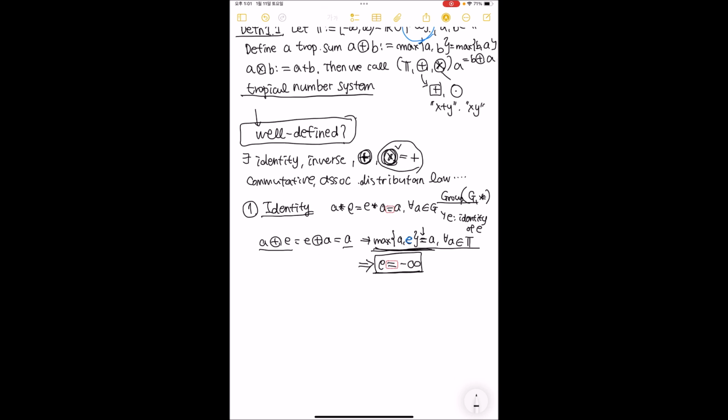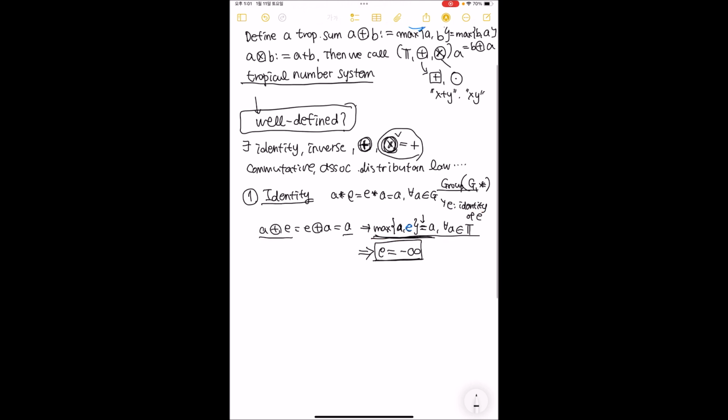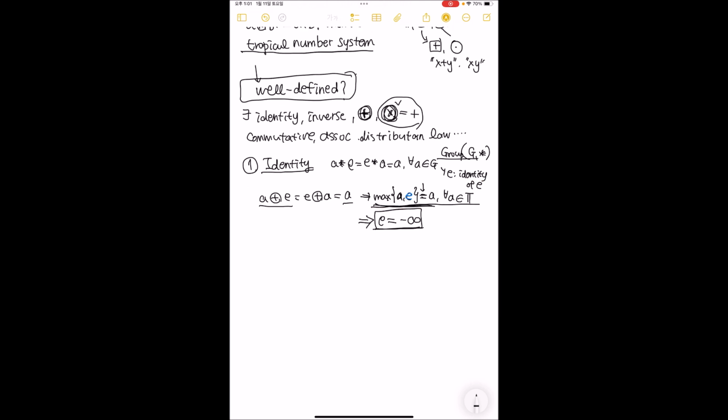So whenever A comes to here, the result is always A. Okay. So the identity of the tropical number system is minus infinity.